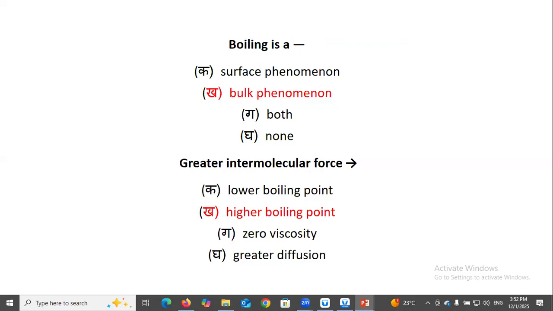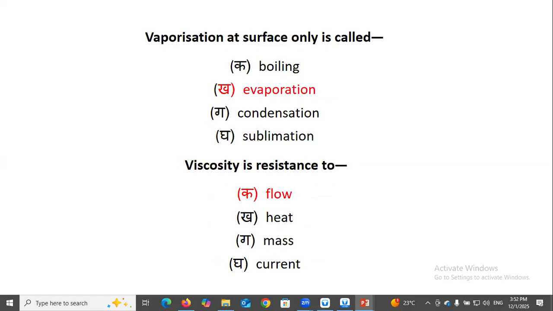Boiling is a bulk phenomenon. Greater intermolecular force, higher boiling point. Vaporization at surface only is called evaporation. Viscosity is resistance to flow.